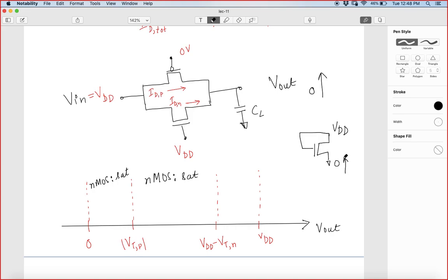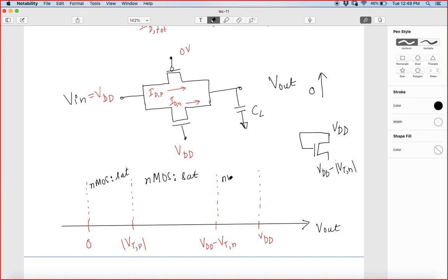Now as soon as this voltage reaches VDD minus VTN and crosses it, this NMOS will definitely go into cutoff region, because my VGS in this case will be less than VTN.